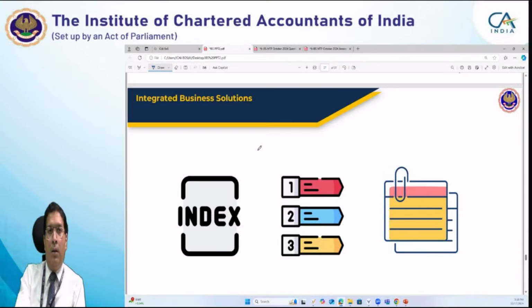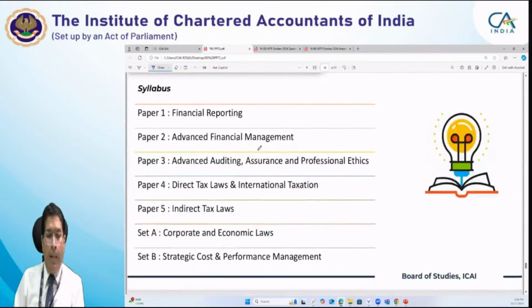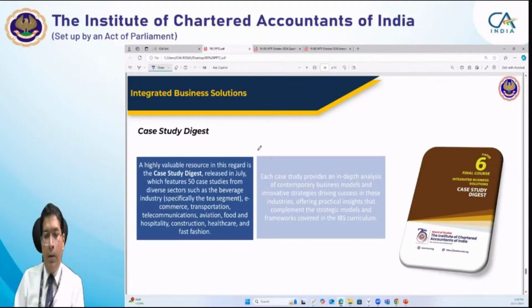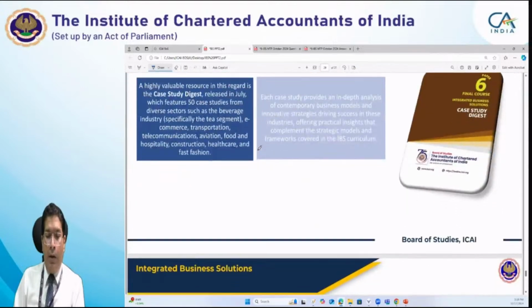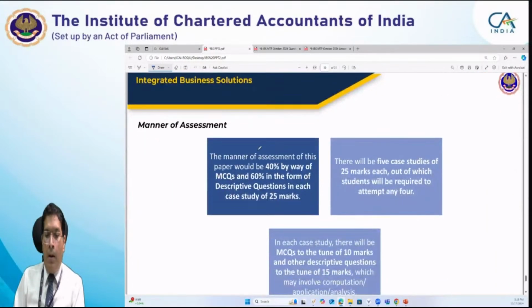As I told you, when I was reading the case study and saw Ind AS 109, you come to know where Ind AS 109 is. Indexing is very important. This is your syllabus, and the case study digest is again a very important resource. The paper is 40% MCQ and 60% descriptive questions.